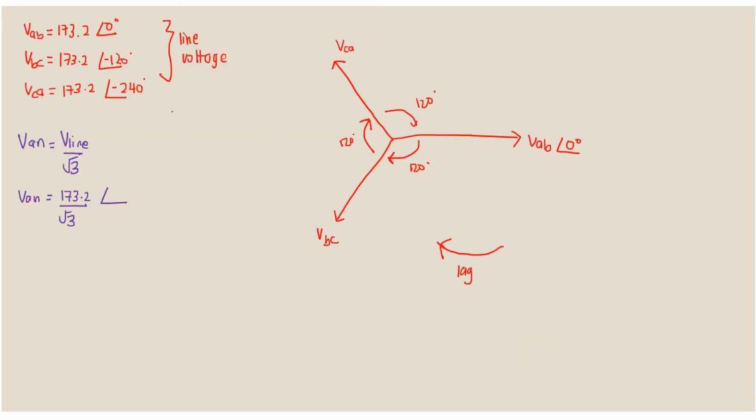So we put a note here, line voltage will lead phase voltage by 30 degrees. In the diagram, what does this look like?